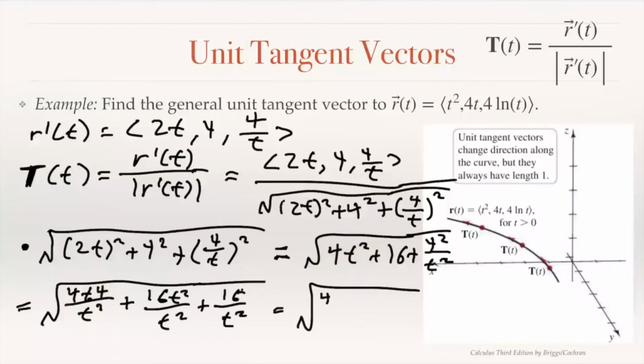Okay, so we have 4t squared plus 4t to the 4th plus 16t squared plus 16 all over t squared. Okay, square root of t squared, that's absolute value of t, or just t if we're always positive. That's nice. And the numerator here, maybe if we can write it as something squared, then we can take the square root cleanly.